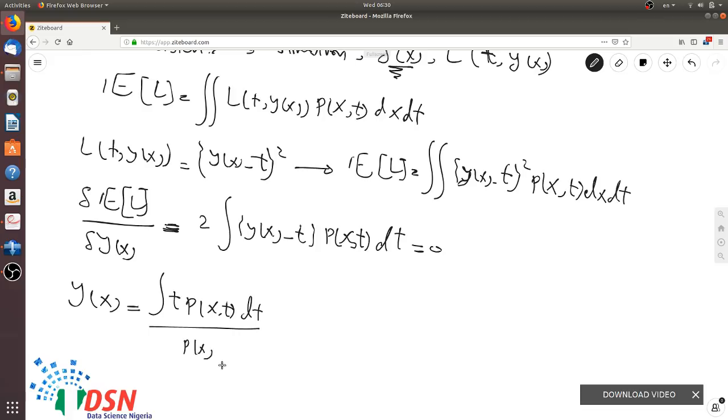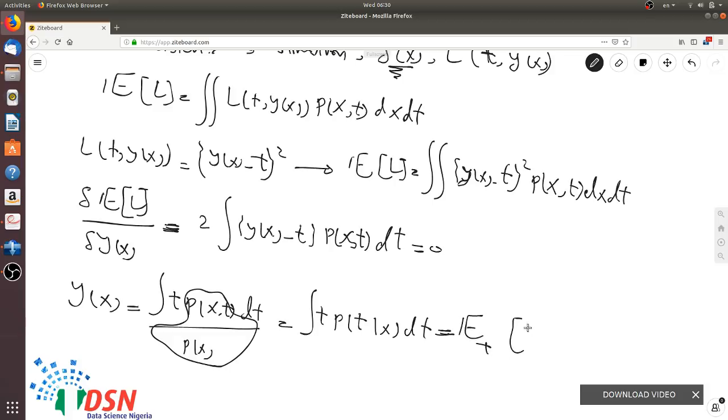And we know that the joint probability over this is the conditional probability of t given x, dt, and actually this is the expected value of t given x. This means that the best value of y of x is the conditional average of t on x. We call this the regression function.